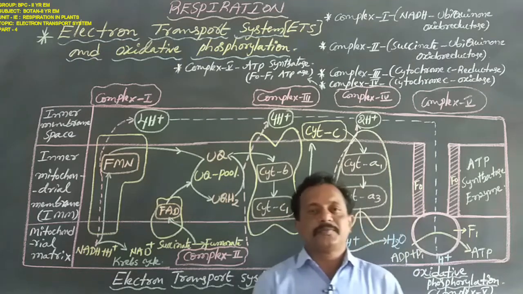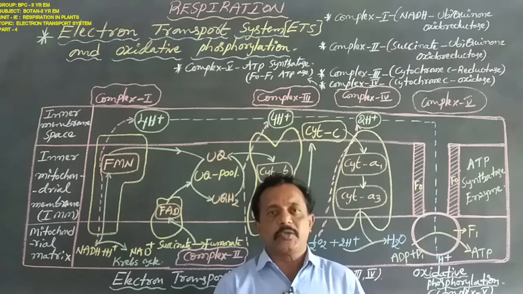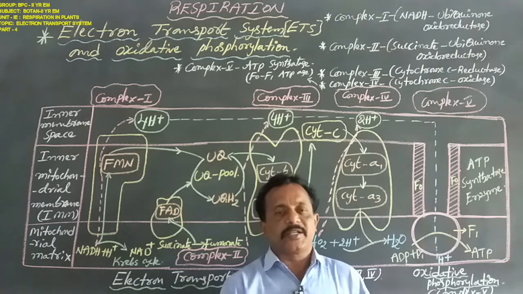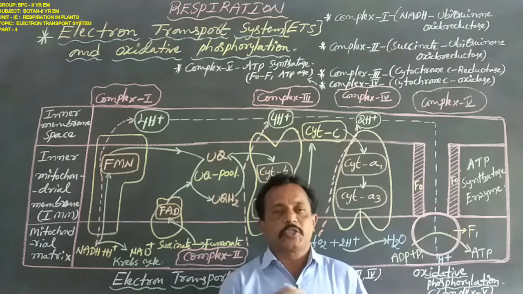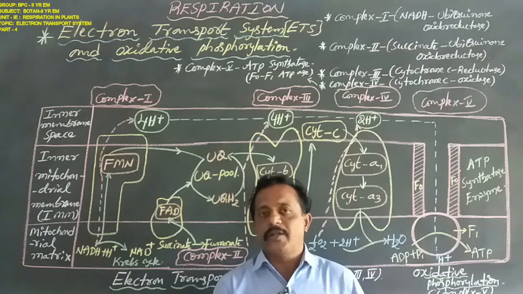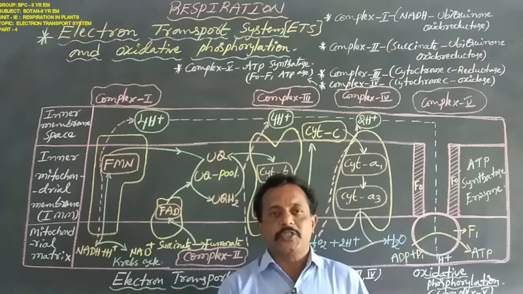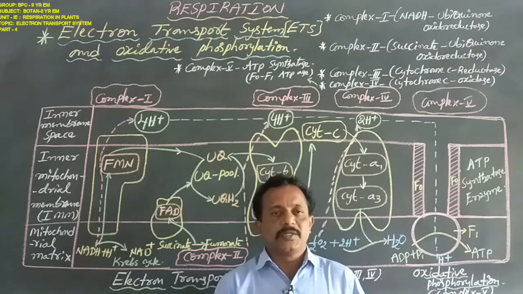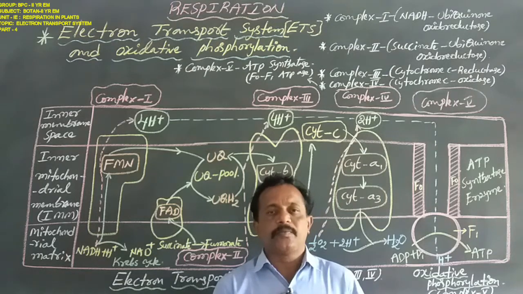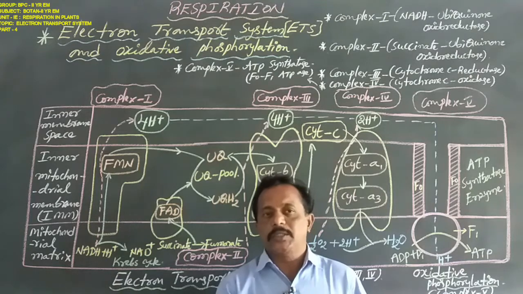In glycolysis, pyruvate oxidative decarboxylation, and the Krebs cycle, reduced NADH2 and reduced FADH2 are formed. Totally, 10 NADH2 and 2 FADH2 are formed. These reduced NADH2 and FADH2 store high energy.